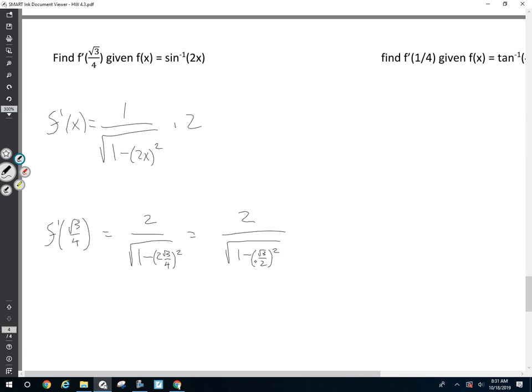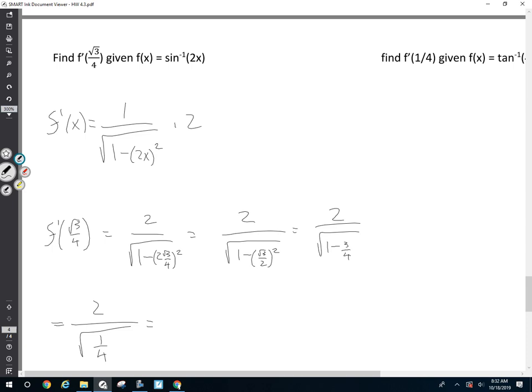Root 3 over 2 squared would be root 3 over 2 times root 3 over 2. That'd be 3 over 4. So 2 over root 1 minus 3 over 4. Let's keep simplifying. You will be expected to do this. 1 minus 3 over 4 is 1/4. 4/4 minus 3/4.